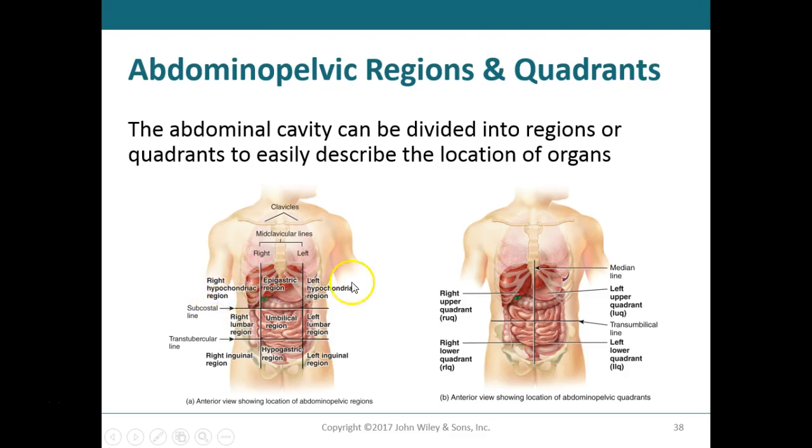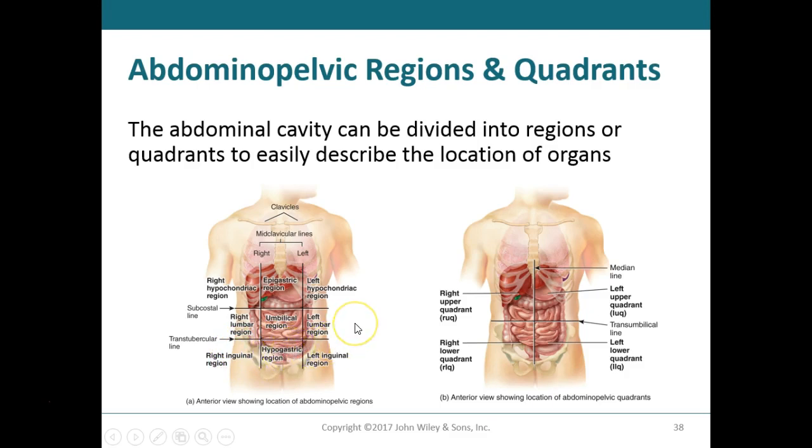So right hypochondriac, left hypochondriac region. Epigastric, epi means over or upon. So above the gastric, above the stomach. Umbilical, I bet you can figure that one out. Right lumbar and left lumbar. Left inguinal, right inguinal, and hypogastric, below the stomach.